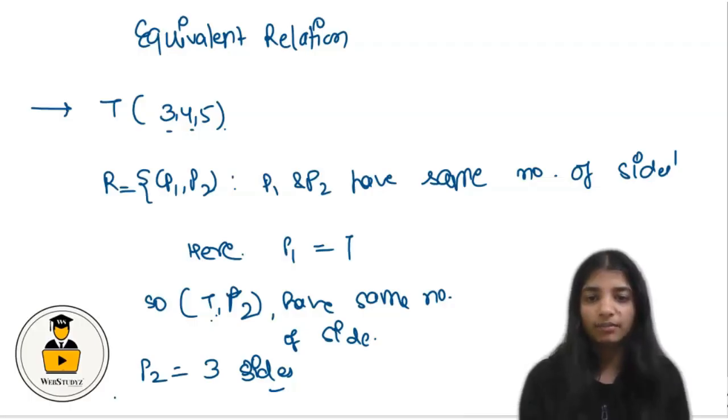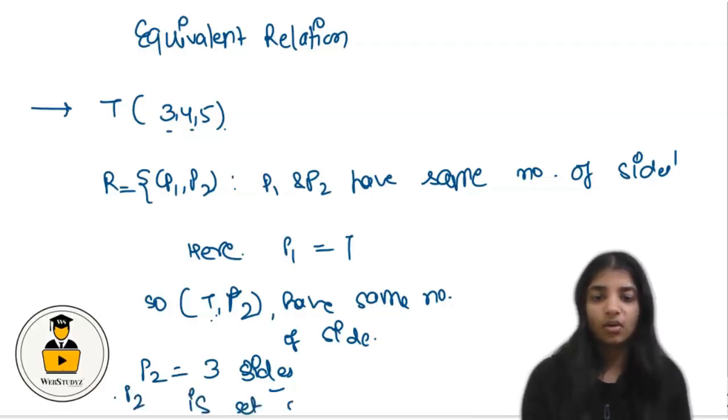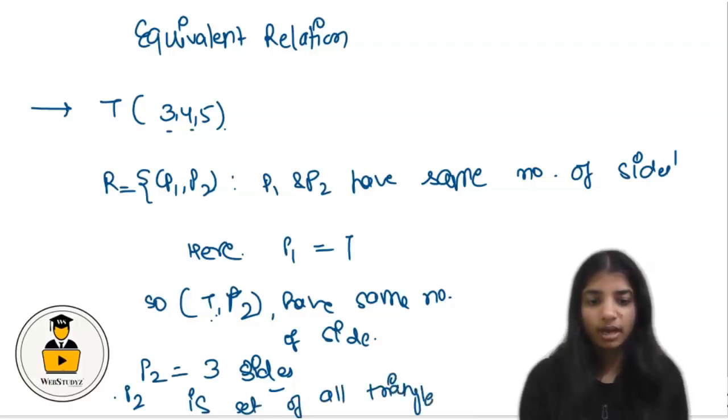And any figure having three sides is considered a triangle, so P2 is the set of all the triangles. So the set of all the elements in A related to triangle T is the set of all the triangles. This is the answer to the given question.